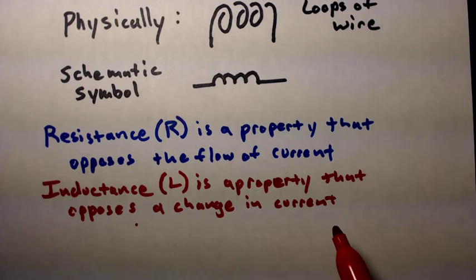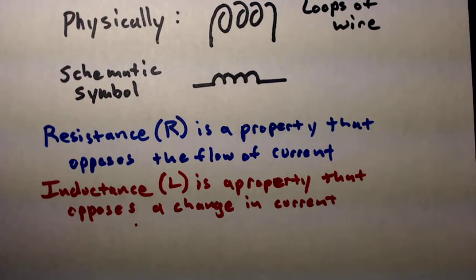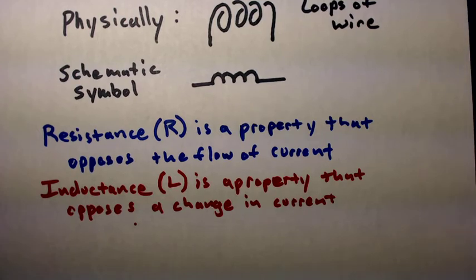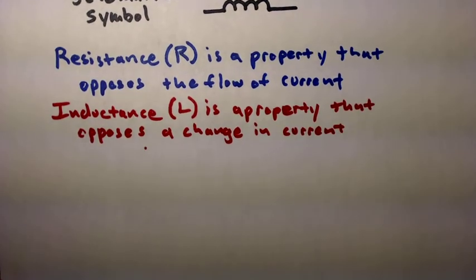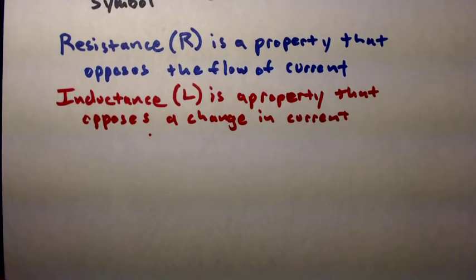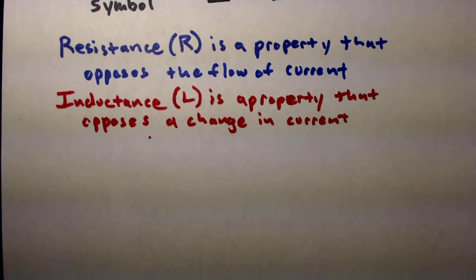Now let's talk a little more. The next thing that I would say about an inductor is that it stores electrical energy in the form of a magnetic field around it. So let me say this, and then let me also draw this.